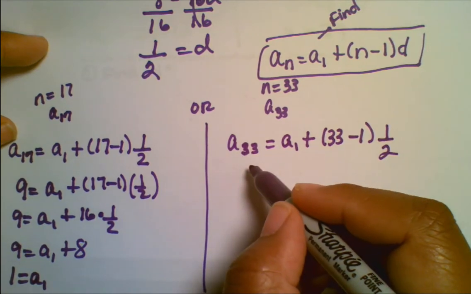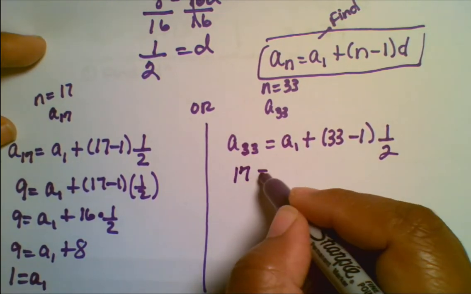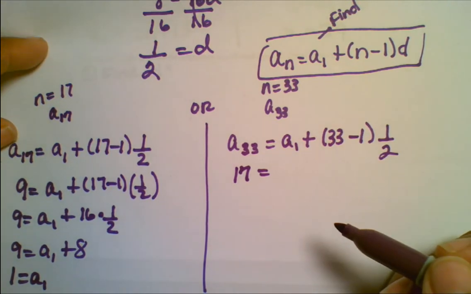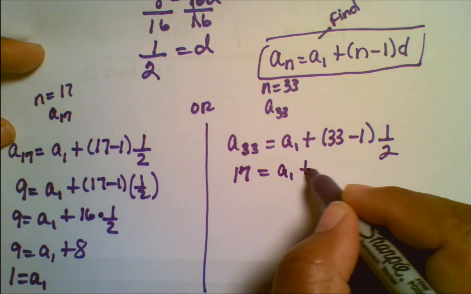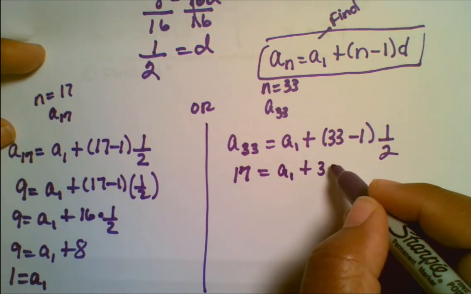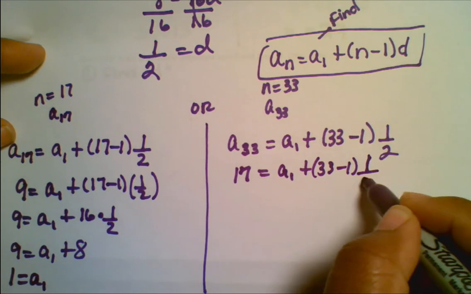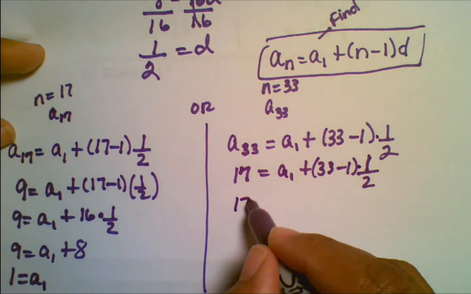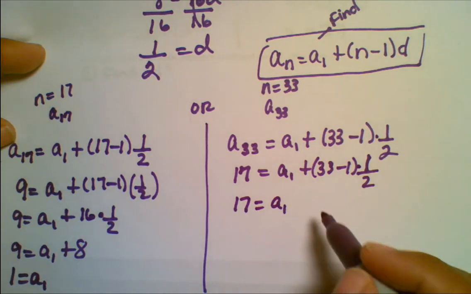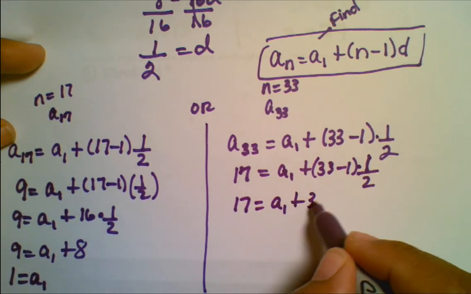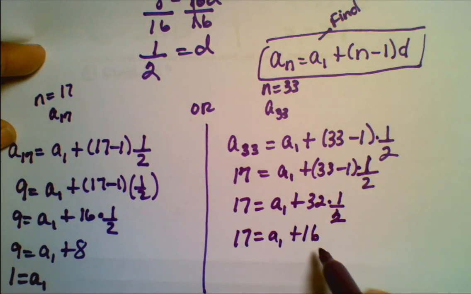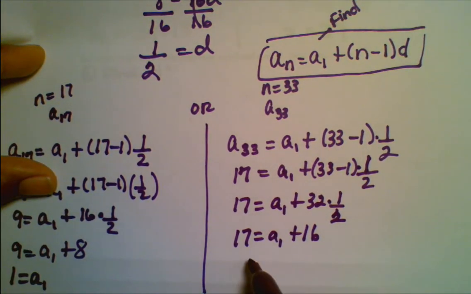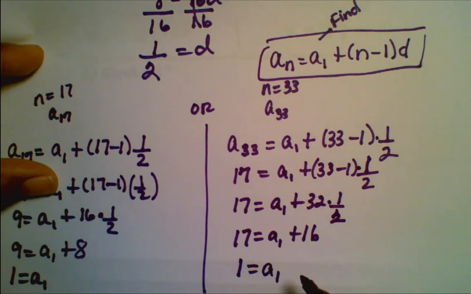And a sub 33 is 17. So 17 is equal to a sub 1 plus 33 minus 1 times 1/2. 17 is equal to a sub 1 plus 32 times 1/2. And half of 32 gives us 16. We subtract 16 from both sides, and we have 1 is equal to a sub 1.